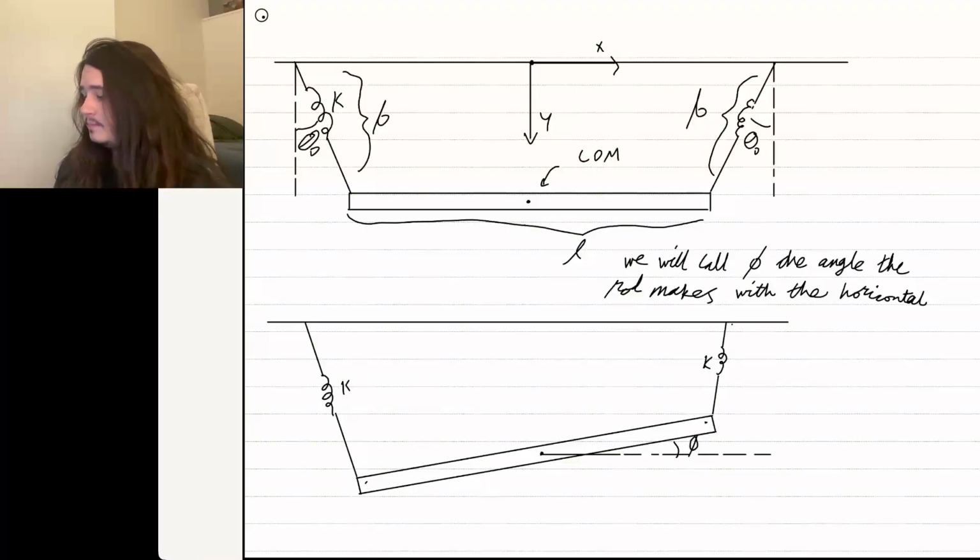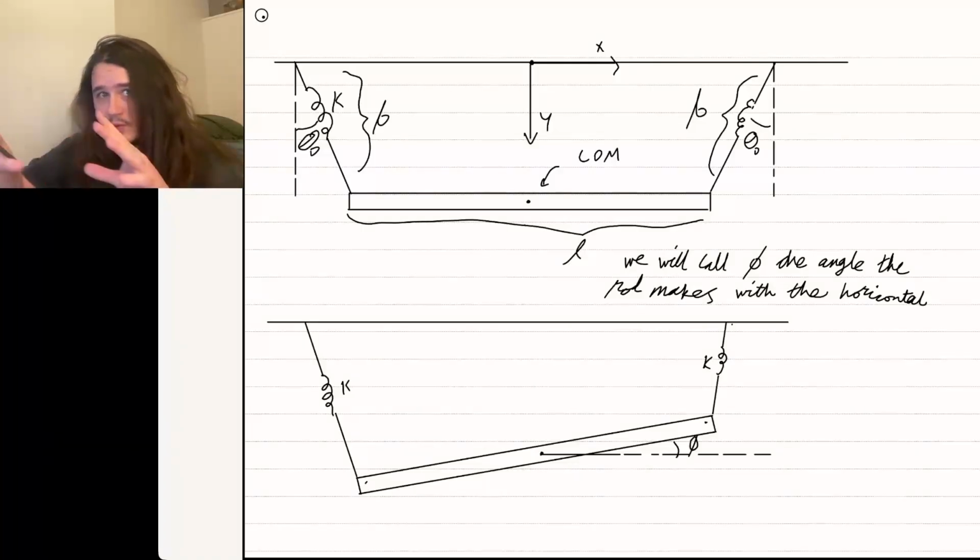So, of course, it starts off with defining a coordinate system that we're going to be working in. I've drawn the situation described in the textbook, again with some labels for some distances and some angles and some spring constants.